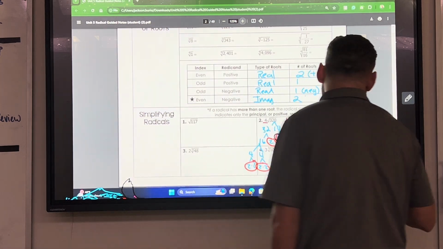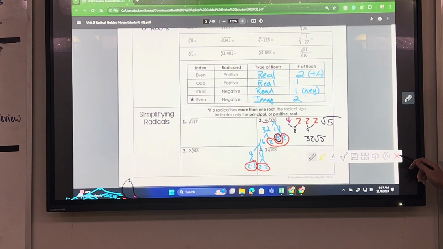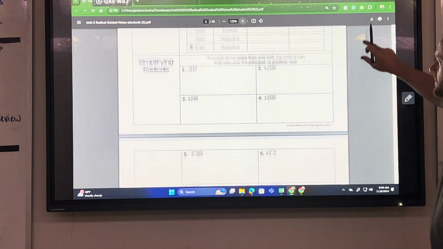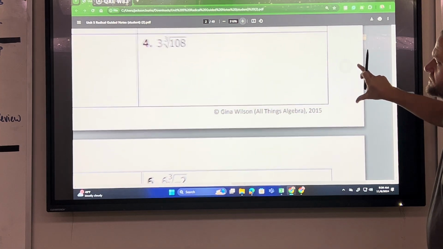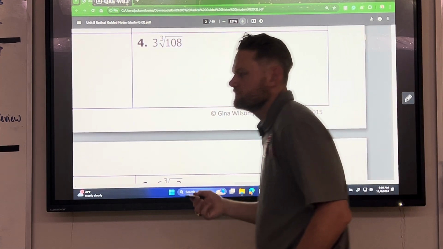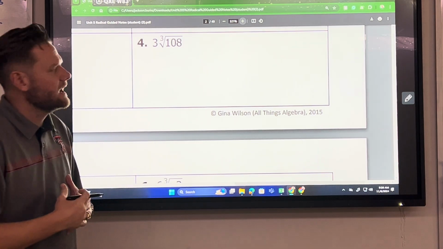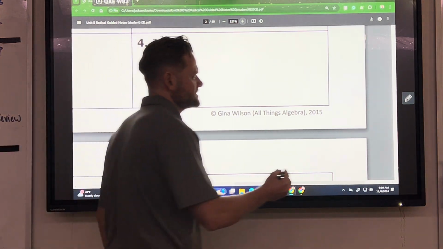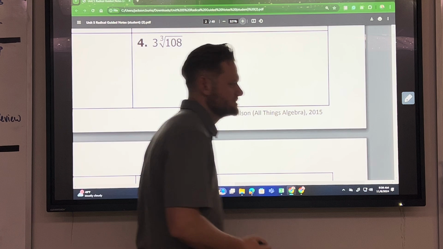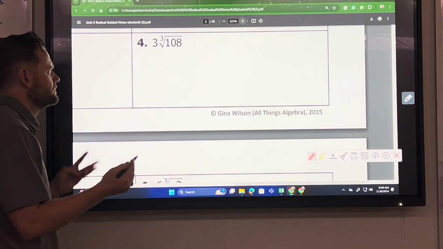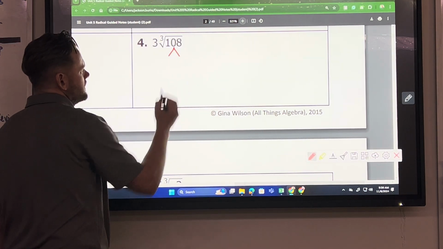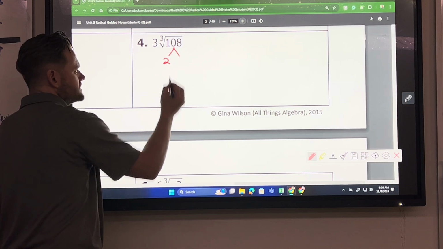All right. So now let's talk about our cubed roots. When we have our cubed roots, same thing, we can factor, but now we can only take out in 3's. So when I'm simplifying my cubed roots, I'm looking for triplets. So here, I can factor just like normal.